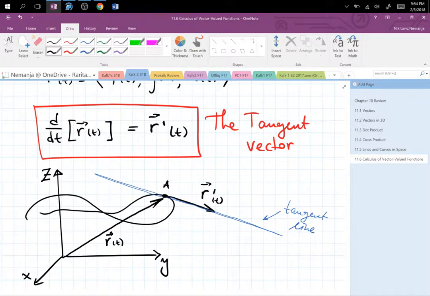The slope, the direction of that tangent line is determined by the vector valued derivative, right? The vector that you get from the derivative of the vector valued function. Who can tell me the vector form of the linear line in 3D? What was the vector form?